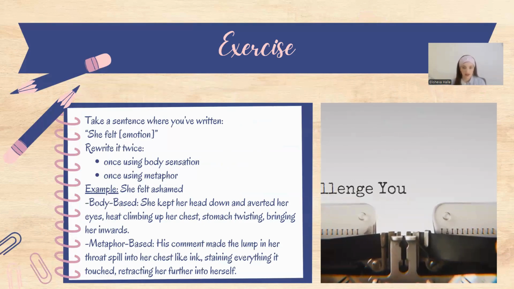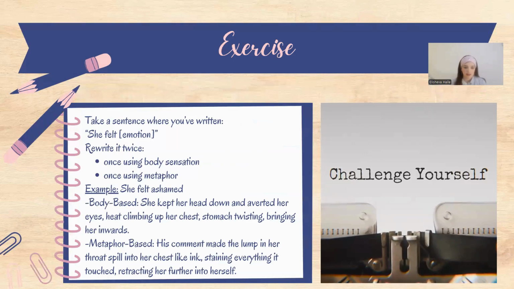So here is an exercise for you. Take a sentence where you've written, she felt emotion, whatever that emotion is. You could go through your writing and highlight sentences where you were telling an emotion. Even if it's not she felt XYZ, like that other example where her heart filled with fear, just anywhere that you're labeling an emotion instead of showing it.